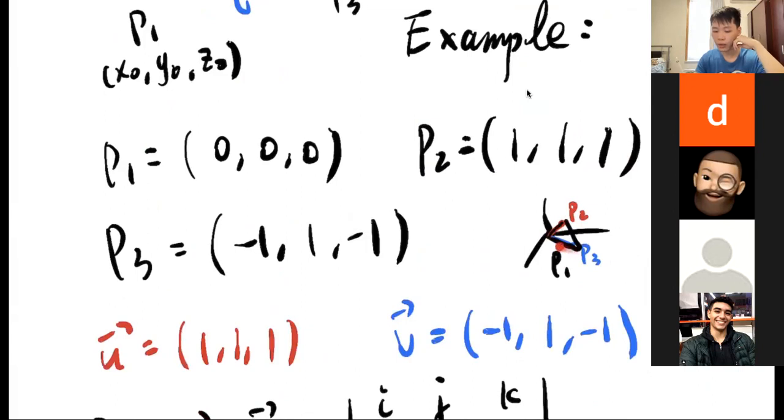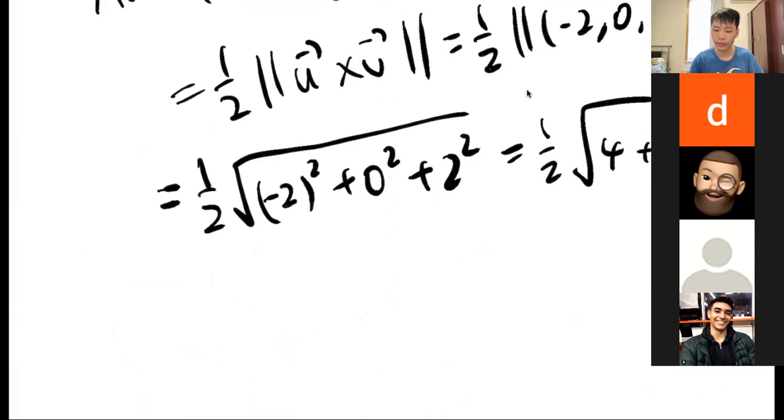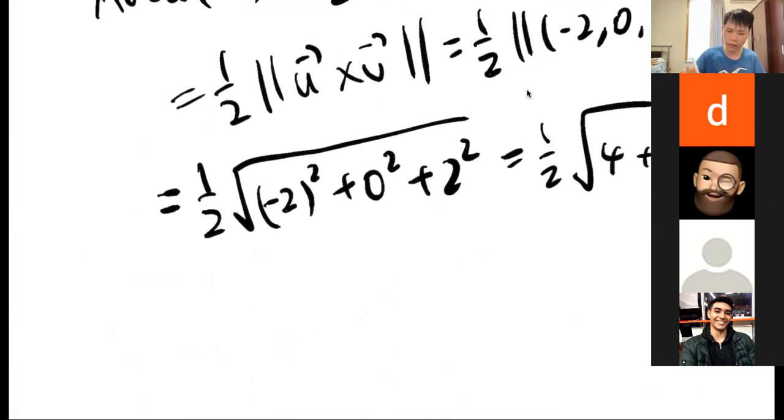This is also radical 3, and the angle in between them, well, it's really hard to imagine what the triangle looks like, but yeah, that's how we compute the area of this triangle. Okay.